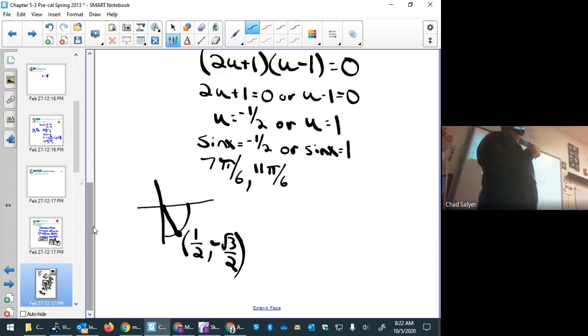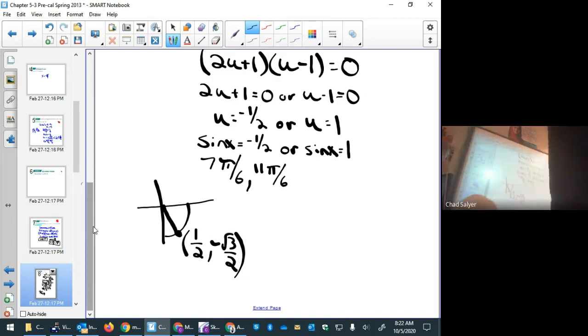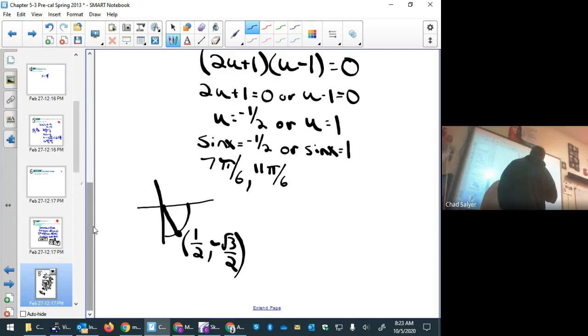Now, where is sine of x equal to 1? Sine of x equals 1, that's going to be at 0 pi. No. So we're looking for the y coordinate is 1. Right, 90 degrees. Or what is it in radians? Pi over 2.